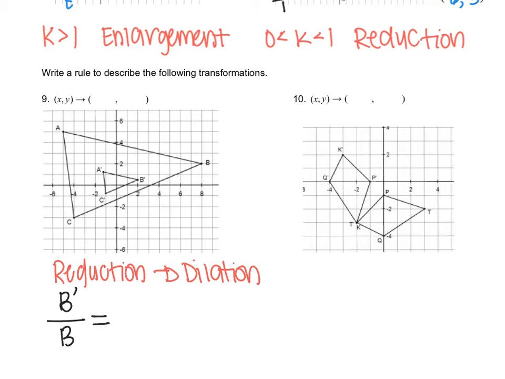So B prime has the X coordinate of 2, and our original point B has an X value of 8. 2 over 8 is 1/4. So we have a reduction of 1/4. So when I write my rule, (x, y) goes to (1/4 x, 1/4 y), because we have our scale factor, what we have to multiply each value by to get our new point.